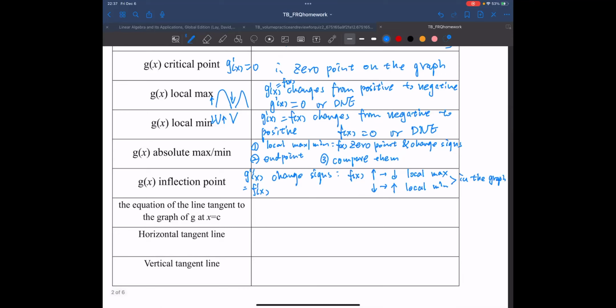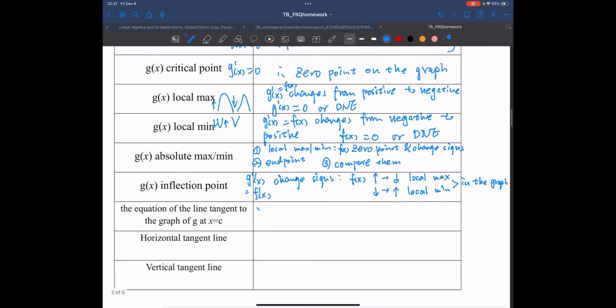And about the equation of the line tangent to the graph, we can just write it as y minus y0 equals k times (x minus x0). So x0 equals c, and here y0 is g of c, and this k is f of c.